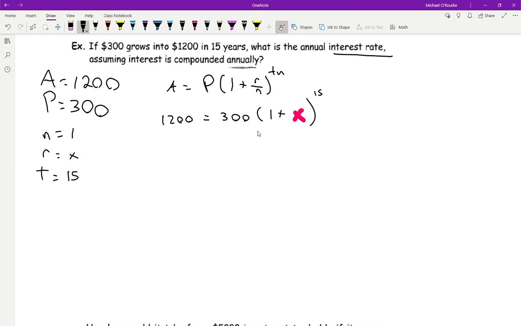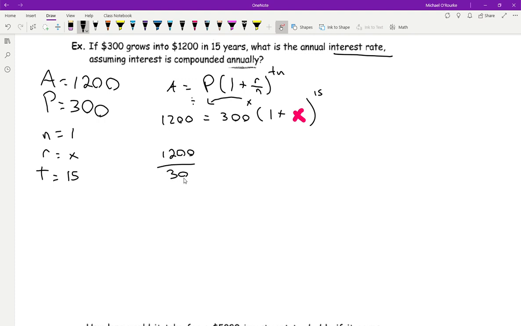How are you going to do that, Alicia? What's the 300 right now? Plus, minus, multiply, or divide. What is it? Good. So it's a multiply. So it comes over, it's going to become a divide.